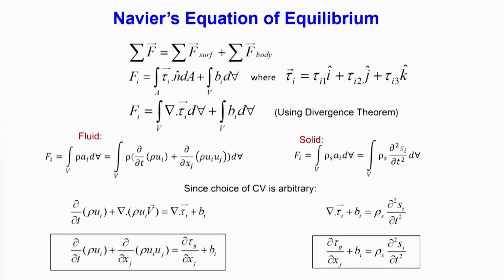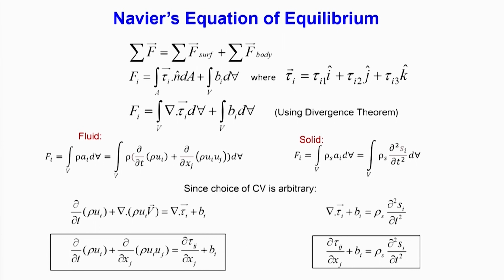Now what we are going to do is integrate it over a volume which could be a fluid or a solid. When you integrate the force, one is the integration of the surface force. You have tau i as a vector, which is per unit area.